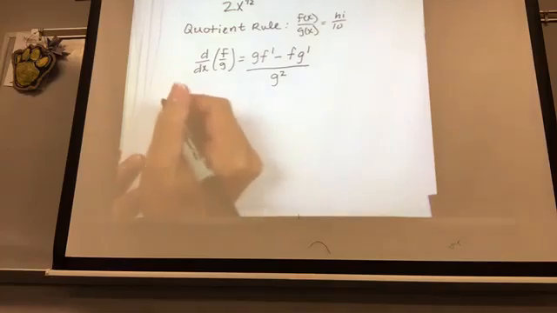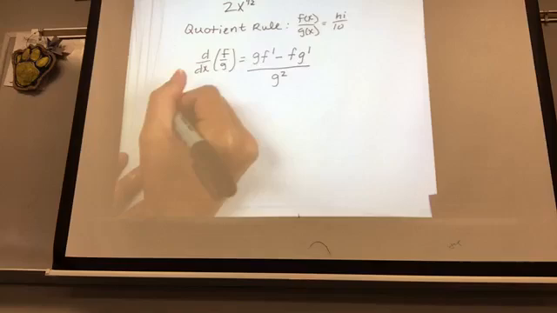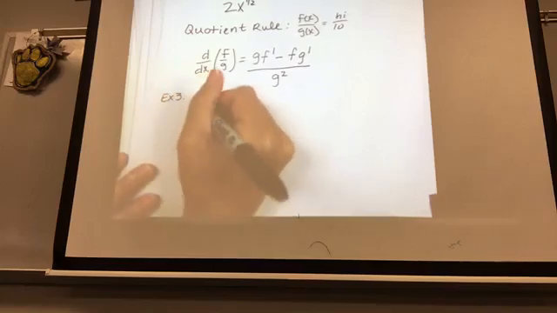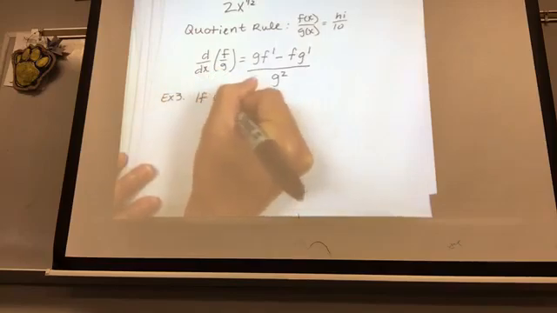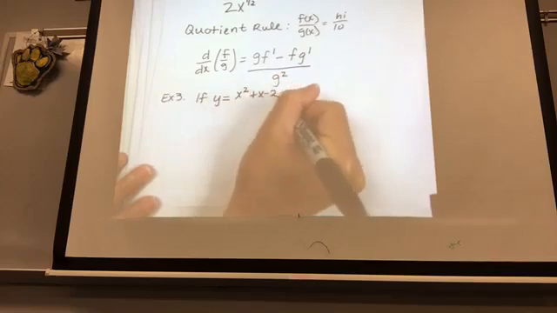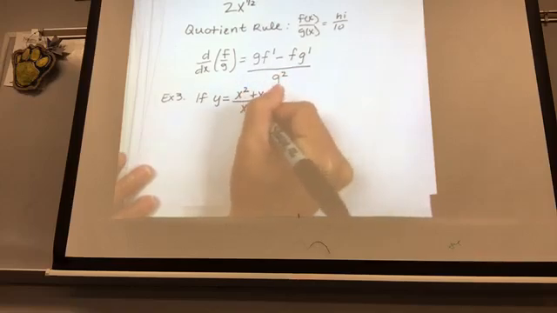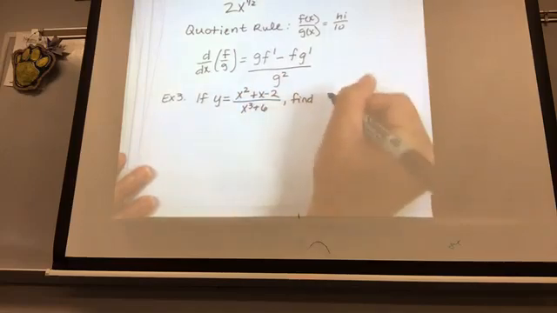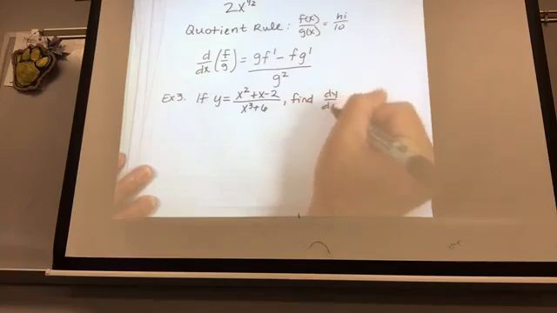Alright, so this will be example 3. Find the derivative. So if y equals x squared plus x minus 2 over x cubed plus 6, find dy dx.